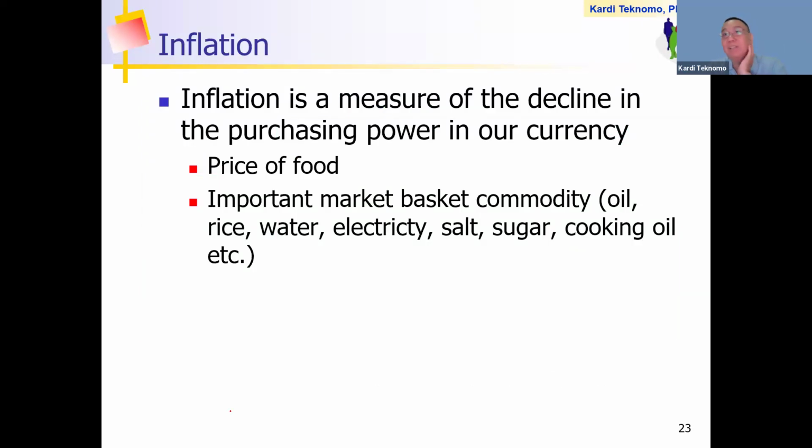Next is about inflation. What is inflation? Inflation is the measure of decline in the purchasing power of our currency. For example, the price of food over time is getting higher.